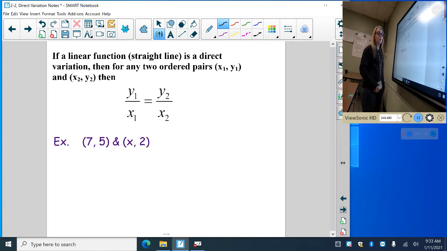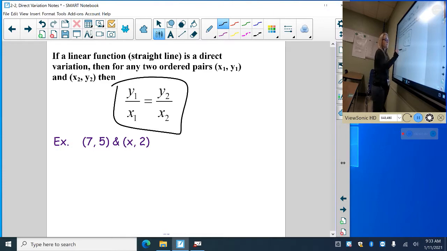So if we're given 2 points, 7, 5, and 2, x, I can set up a proportion like this to find the missing x value. I'm going to label them just like we've done before, x1, y1 over x2, y2. And I'm going to put y1, so 5 over 7 equals 2 over x.